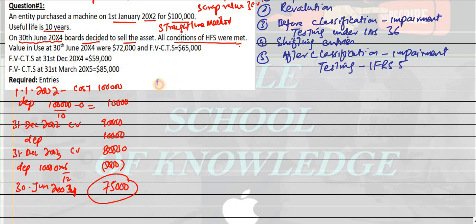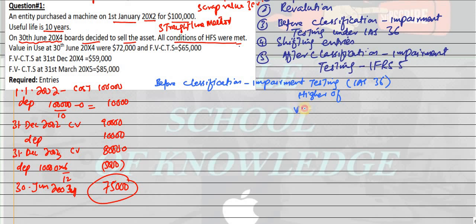So before classification, impairment testing under IAS 36, and we know that recoverable amount under IAS 36 will be the higher of two figures.